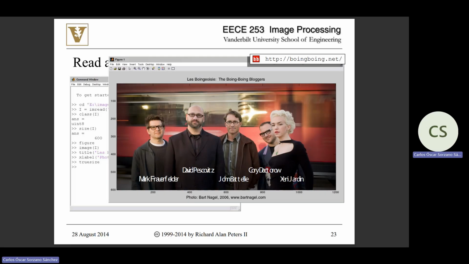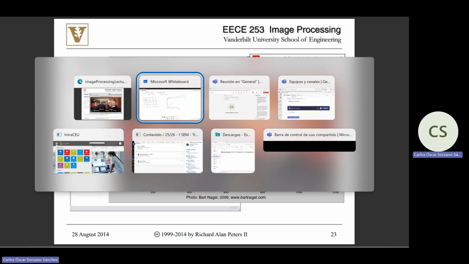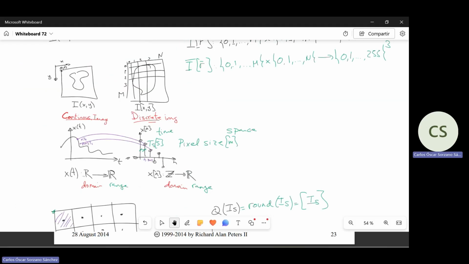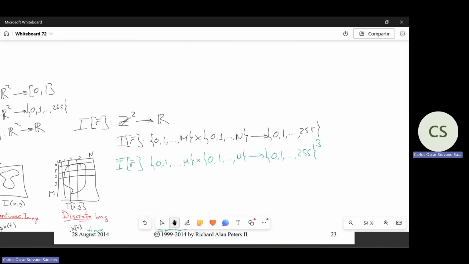And our signal is defined following our notation before, so it goes from 0 to 600, 0 to 1200. Okay, good.